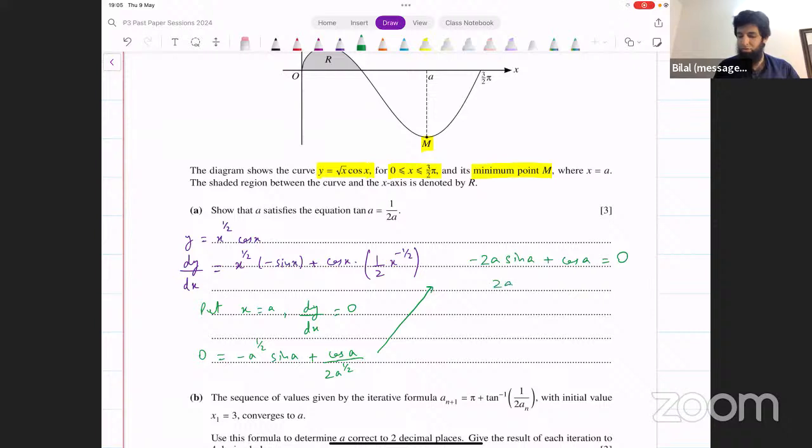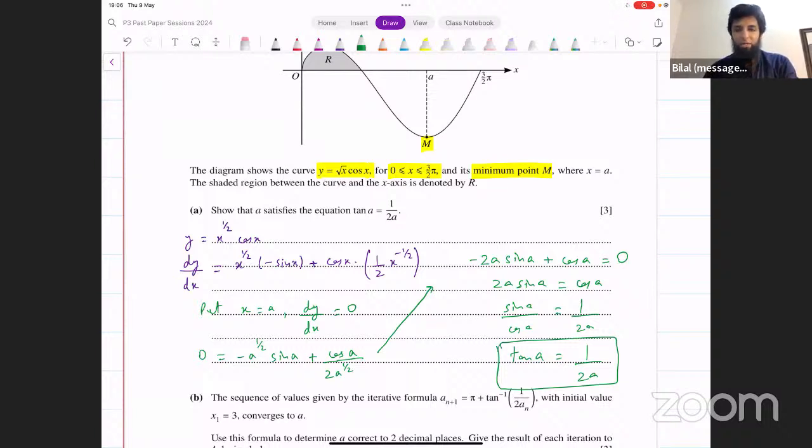And that becomes 2a sine a equals cos of a. Sine a over cos a becomes 1 over 2a. And tan of a equals 1 over 2a. That's what you had to prove in the first part here. Okay, tan a equals 1 over 2a.